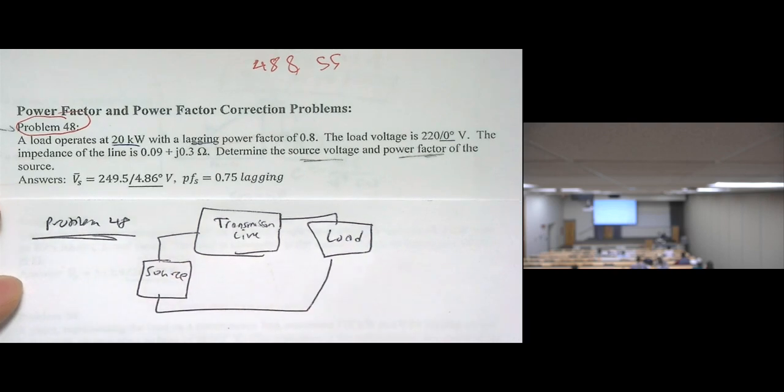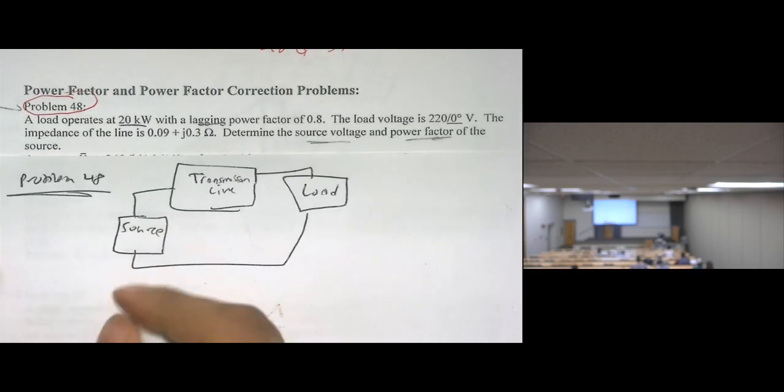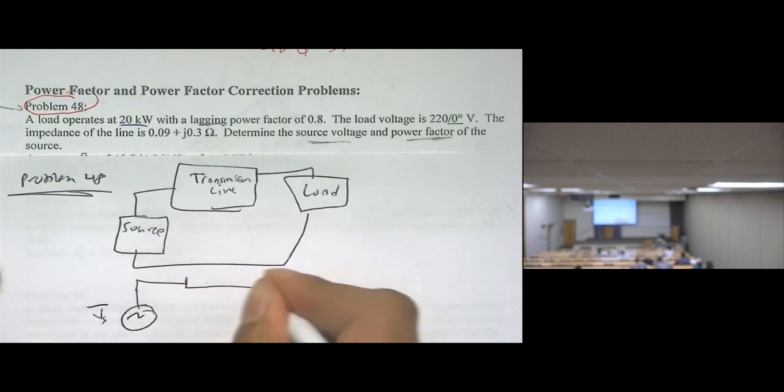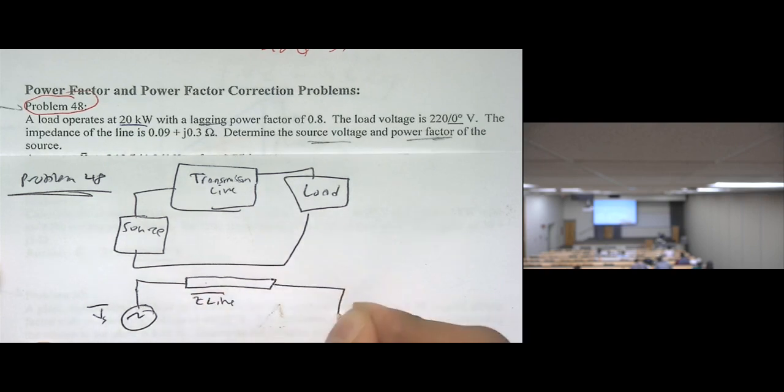Right? So now we can model it by saying the voltage source is being modeled as this shape, this voltage source. And a transmission line, I'm going to call it Z line. Then we have a load.